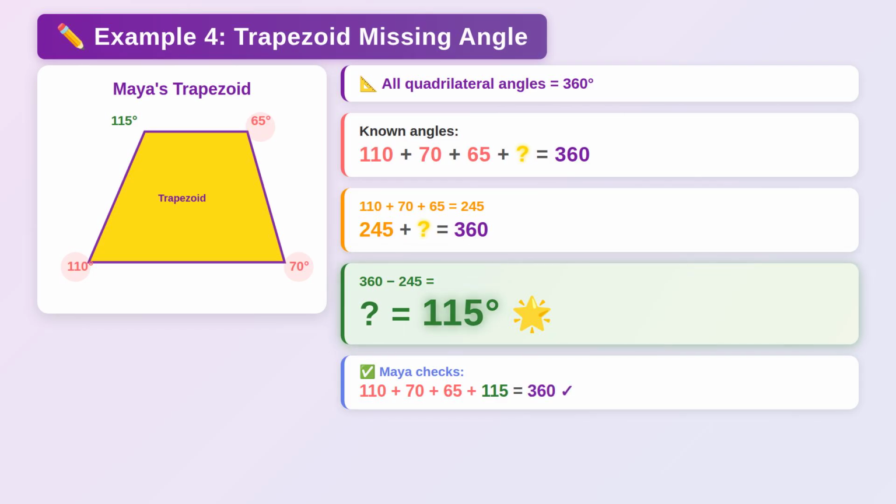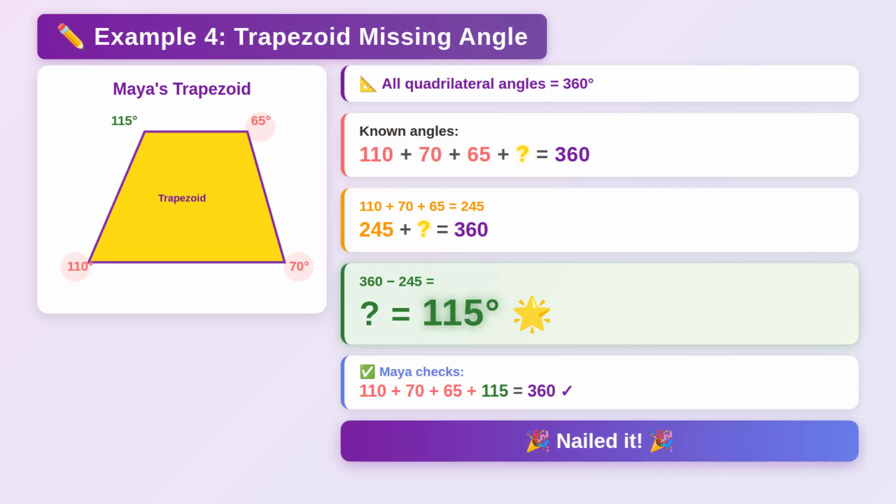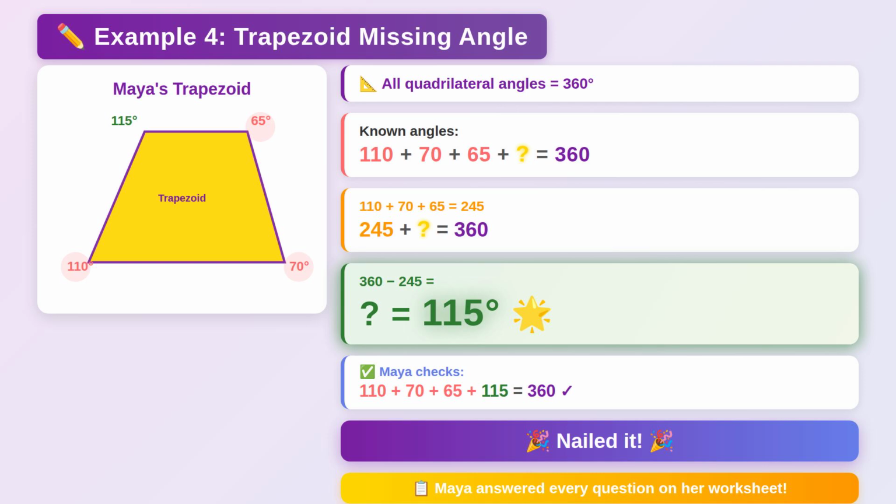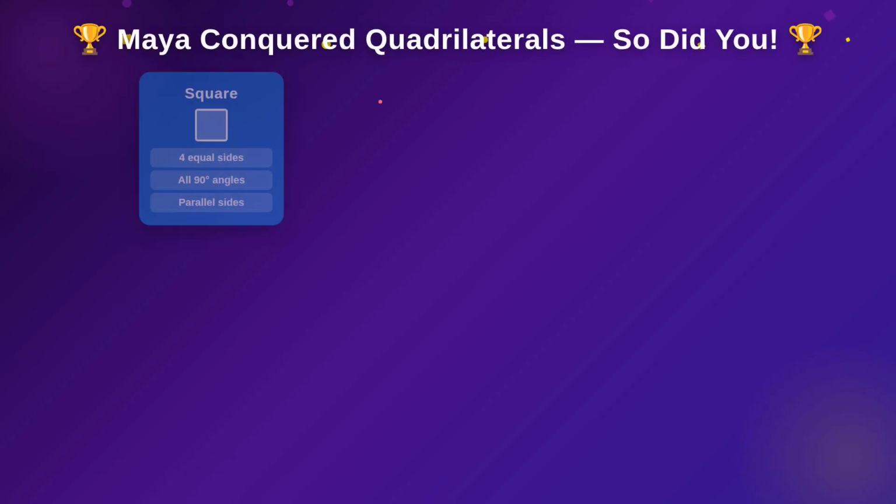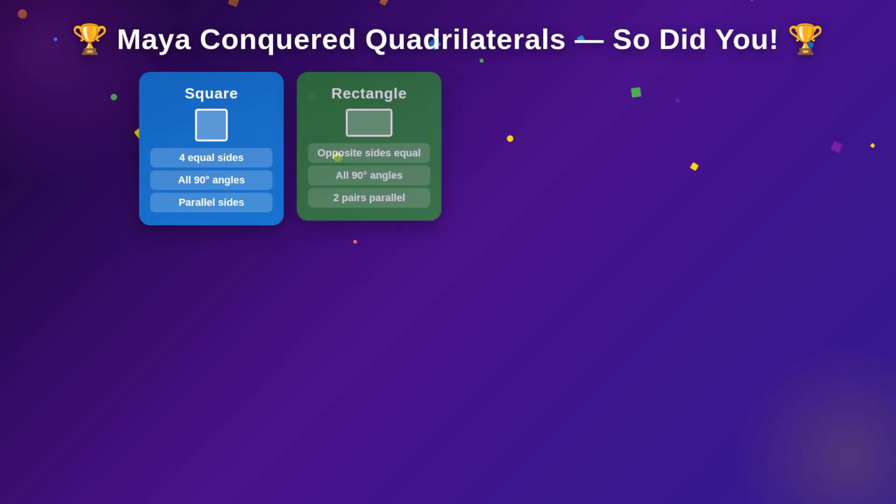Now subtract from 360. 360 minus 245 equals 115. The missing angle is 115 degrees. Maya checks. 110 plus 70 plus 65 plus 115. That's 245 plus 115, which equals 360. Nailed it! Maya looks at her worksheet and realizes she's answered every single question.